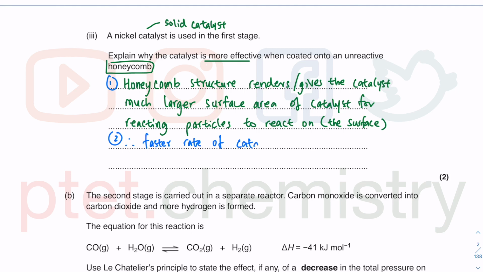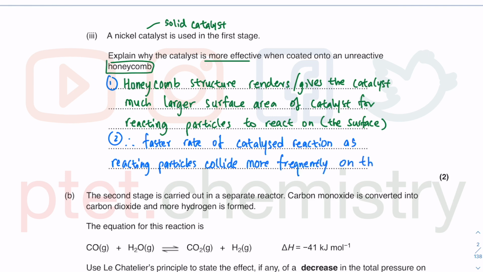We already have the use of a catalyst, so definitely the activation energy is lower. It's just that here it's not talking about lowering activation energy. It's about, we already used the catalyst, we just want the honeycomb structure, faster rate of catalyzed reaction as reacting particles collide more frequently with the catalyst. Collide more frequently on the catalyst surface.